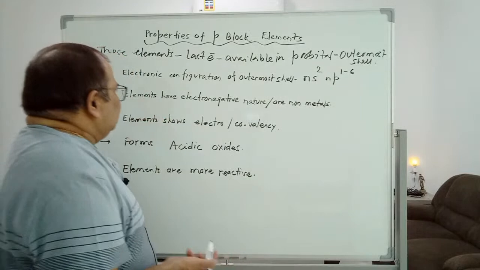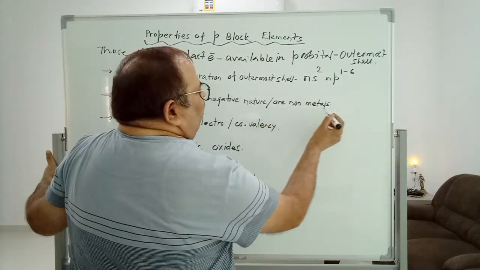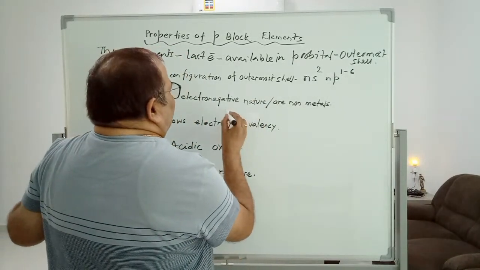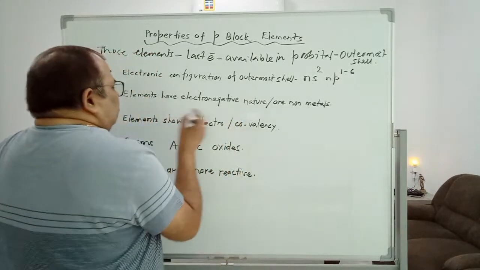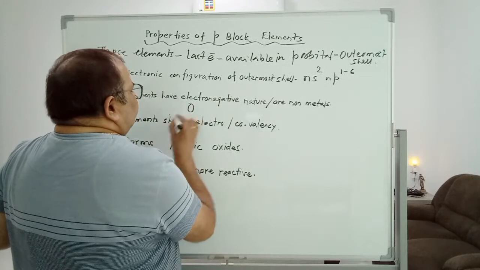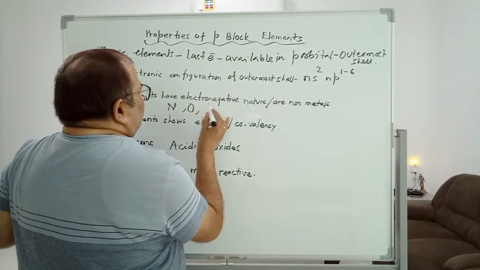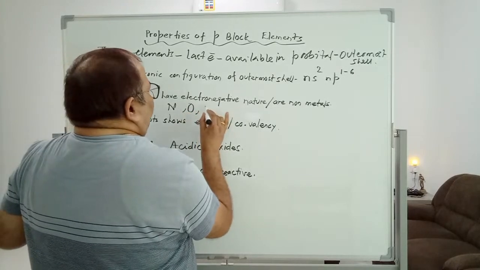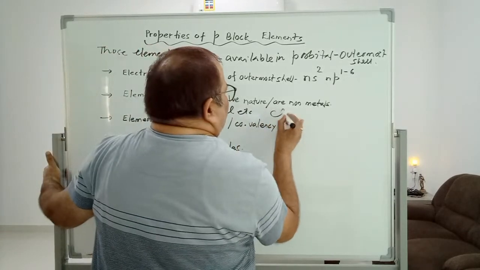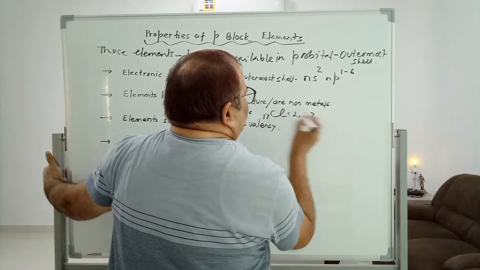Now the second property: the elements have an electronegative nature, or these are non-metals. Very simply, you can see examples like oxygen, nitrogen, fluorine, chlorine, etc. Now you see chlorine, atomic number 17, having configuration 2, 8, 7.